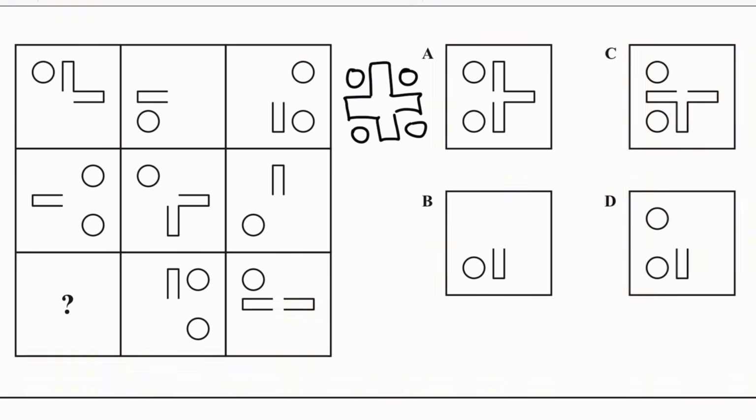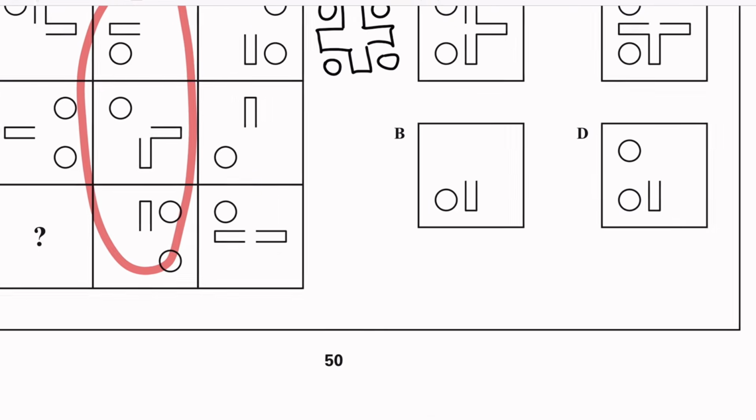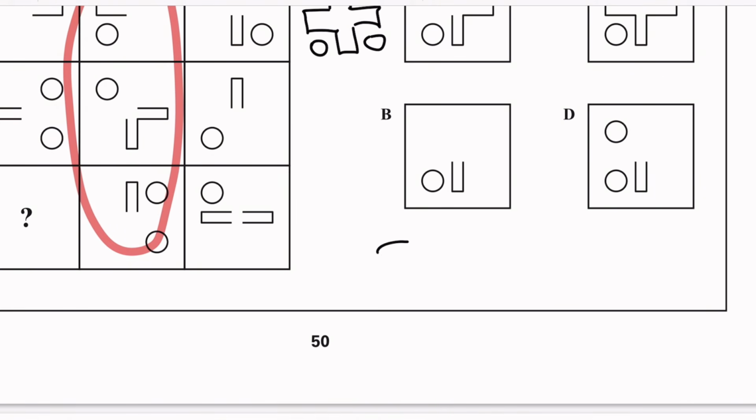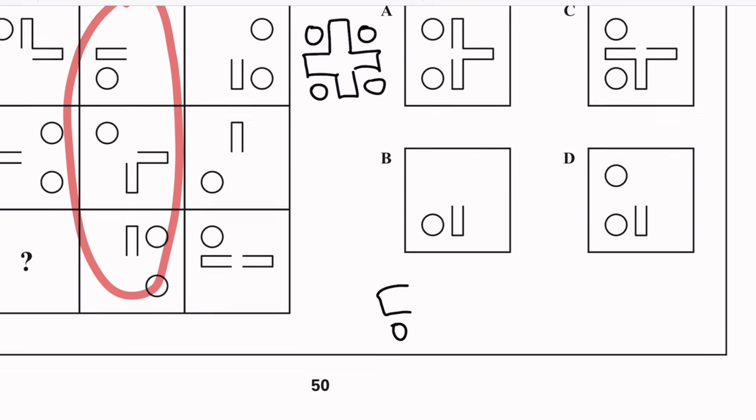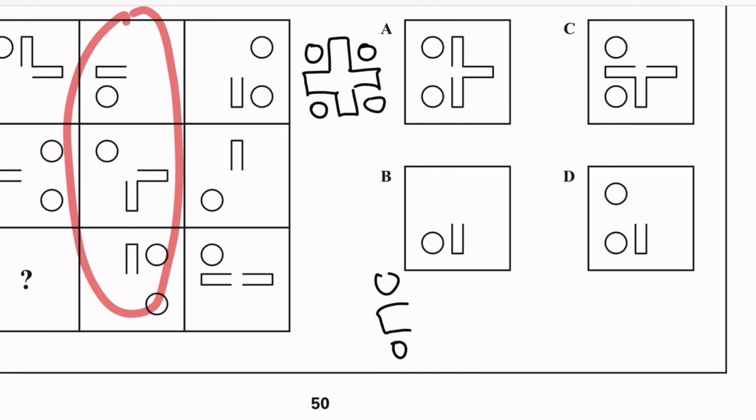And this works in the same way for the column. The columns also do the same thing. Let's take one, for example. Let's take the second column. We have this portion over here with a circle on the bottom. Then we have this top circle here in this shape and this side arm and the bottom arm.